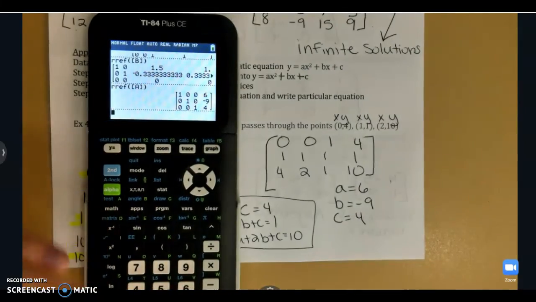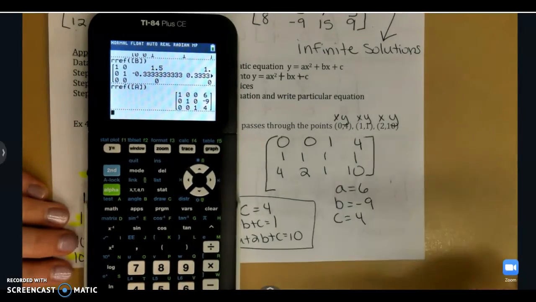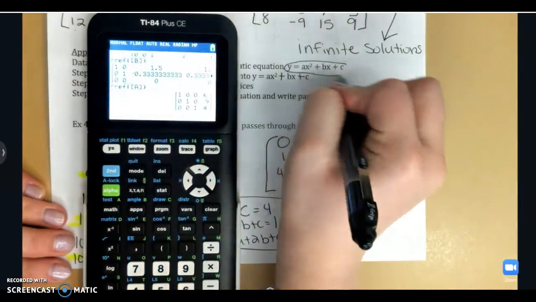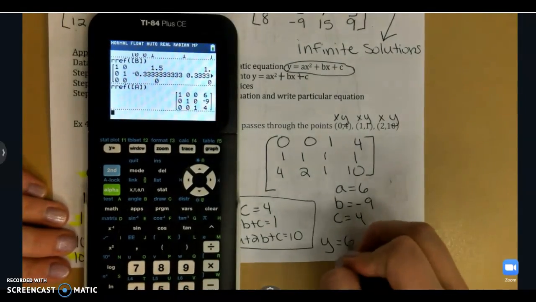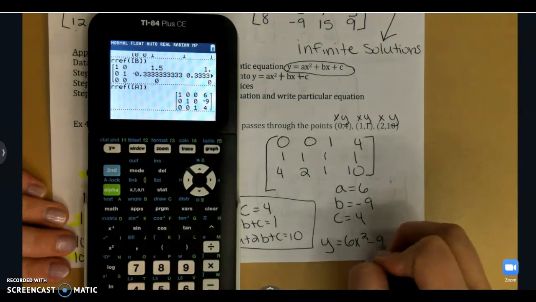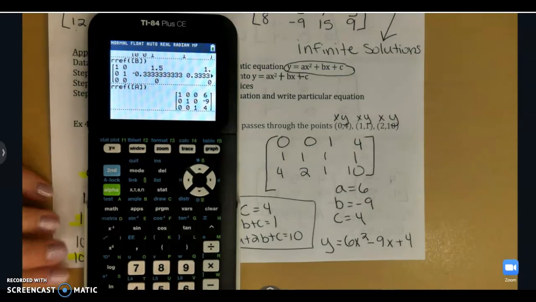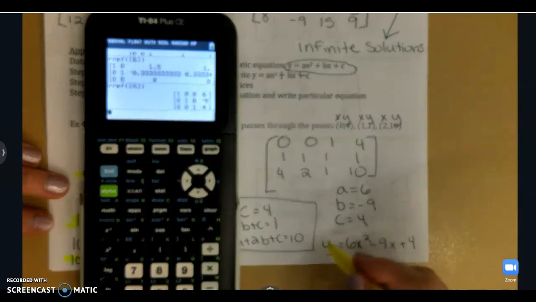So again, we're putting this back into our quadratic equation. So we're going to take these values and substitute them here. So the answer we're actually looking for is that y is equal to 6x squared minus 9x plus 4. And that is the final answer for example 4.